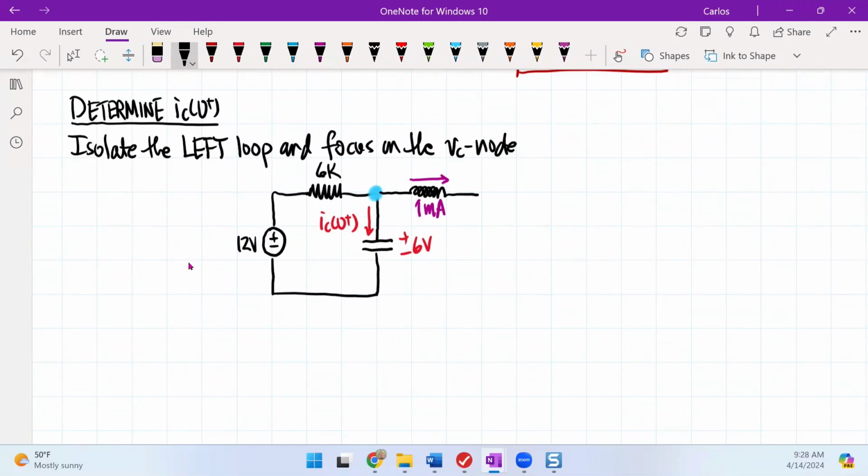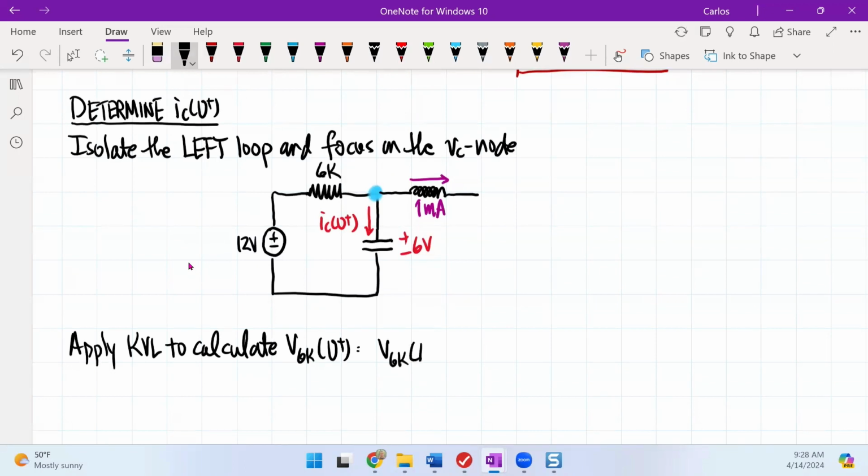So applying KVL to calculate V6K at 0 plus, that tells me that VC of 0 plus is then going to be 12 minus 6, so it's going to be 6 volts.